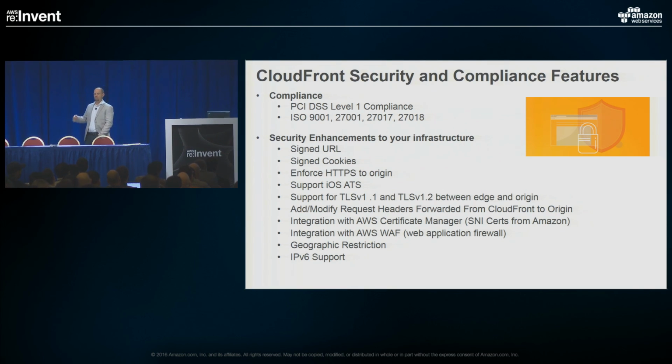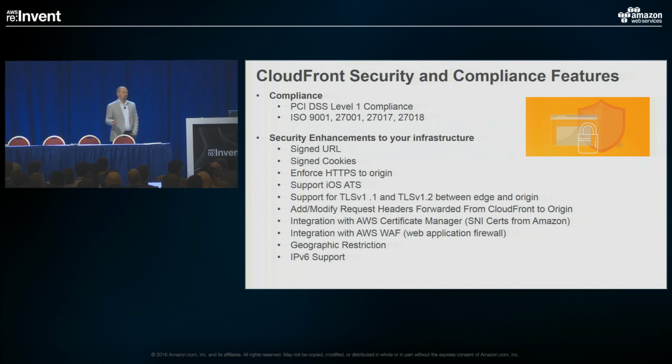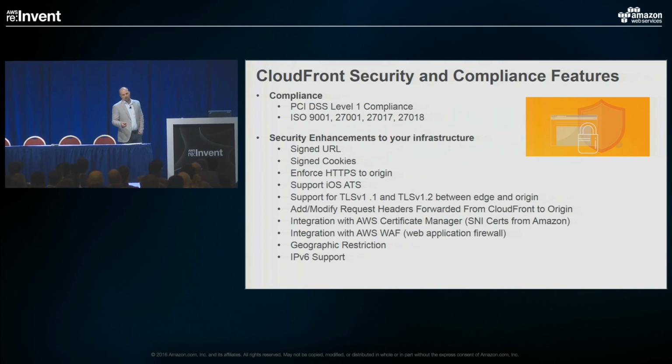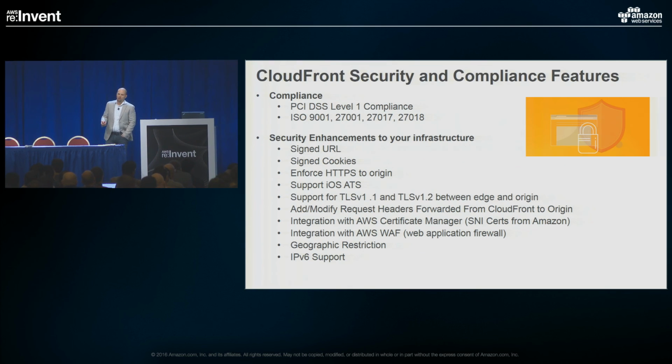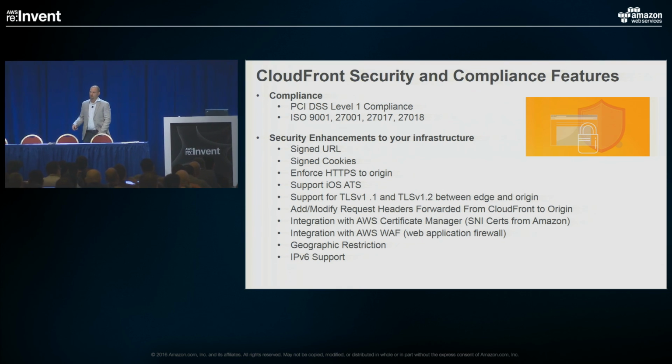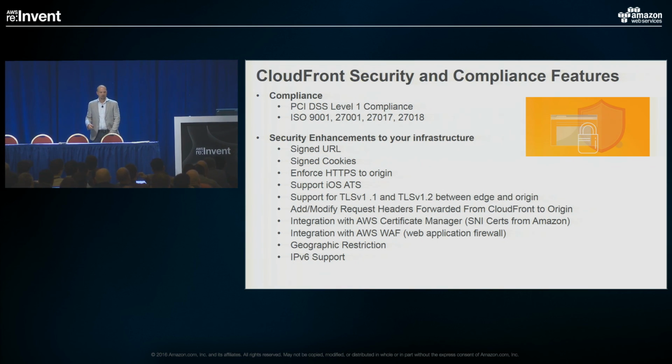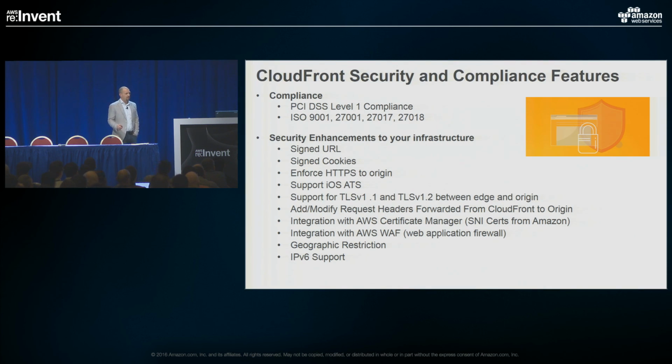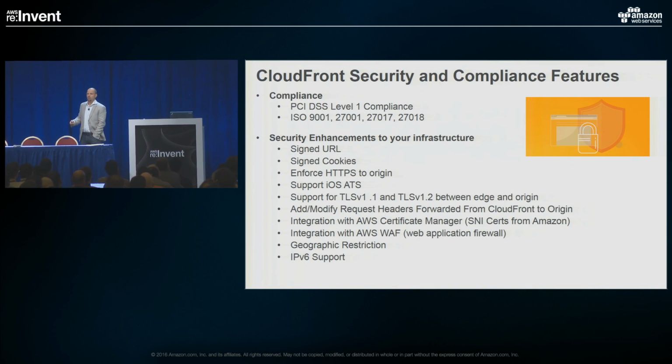Both CloudFront and the AWS WAF are PCI compliant, in addition to the ISO 9001, 27001, 27017 and 27018. Security enhancements for the architecture, we kind of covered a lot of these, signed URLs and cookies, enforcing SSL encryption. We also now support and authored a white paper on supporting iOS ATS for those of you that are developing mobile applications for Apple iOS platforms.